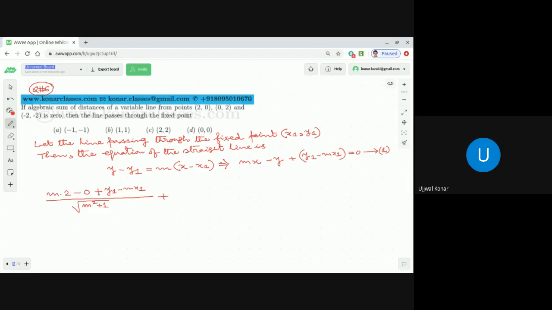Plus, what is the distance from the point (0, 2) to this straight line in equation 1?